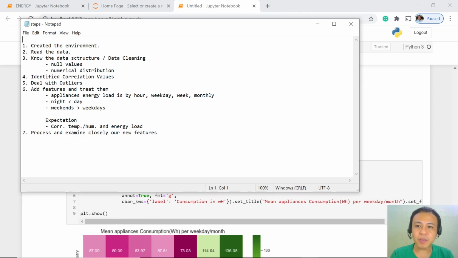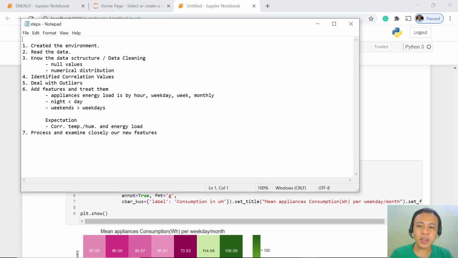Then we identified the correlation values of these variables or features, and then we dealt with outliers. In that we studied why we retained this particular percentage of outliers and why we considered those outliers which statistically are considered really outliers.